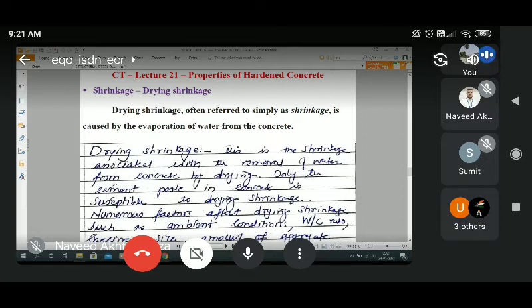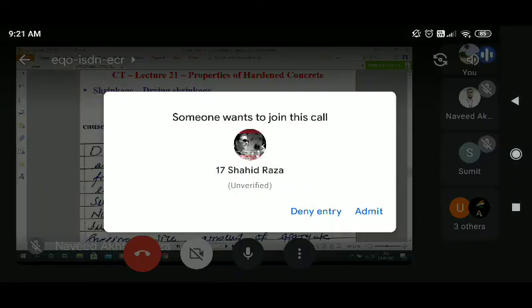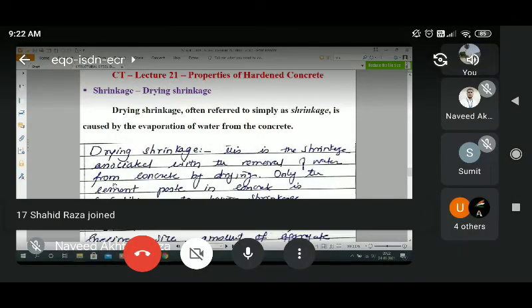Creep and shrinkage both involve the evaporation of water from the concrete, but creep is the forcible evaporation of water from the concrete due to sustained loading. But shrinkage is evaporation of water during the production or after the production of your concrete, and many changes in volume occur at the time of drying shrinkage.